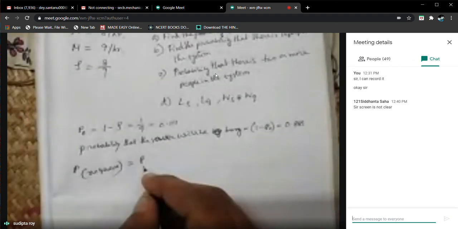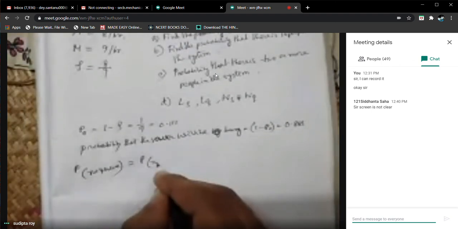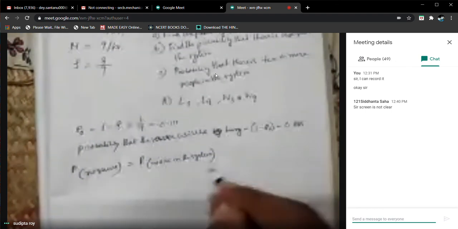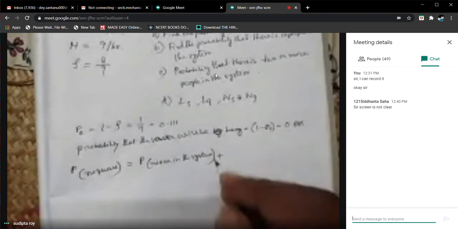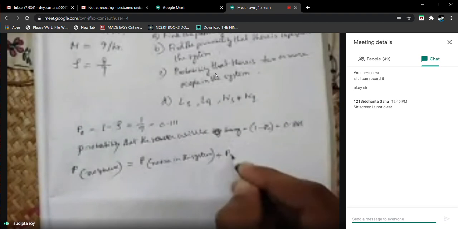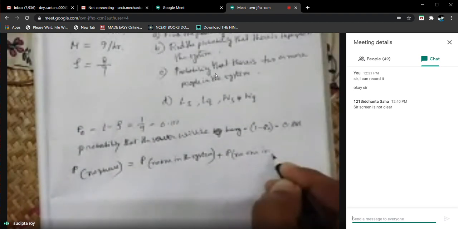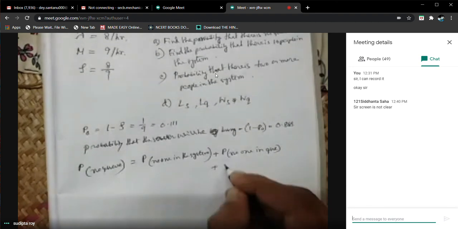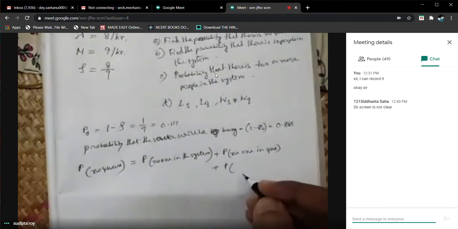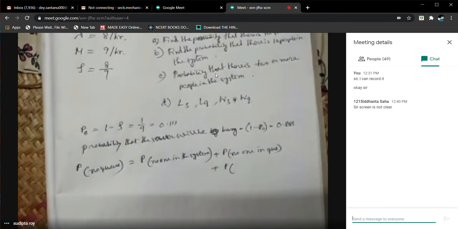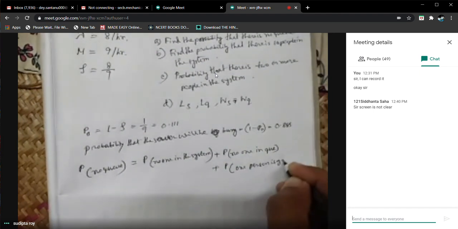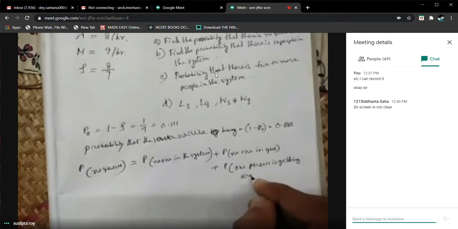We can get the probability of no one in the system, plus probability that no one in queue, plus probability that one person is getting serviced.